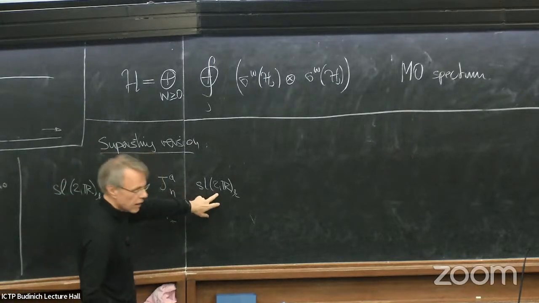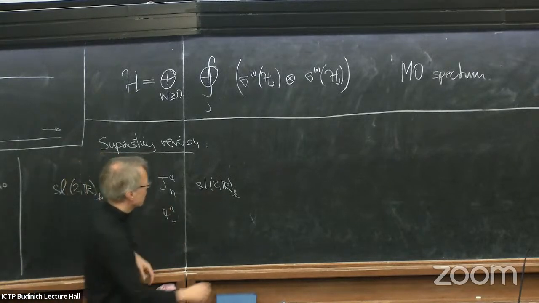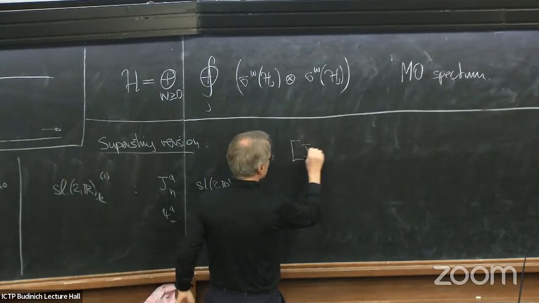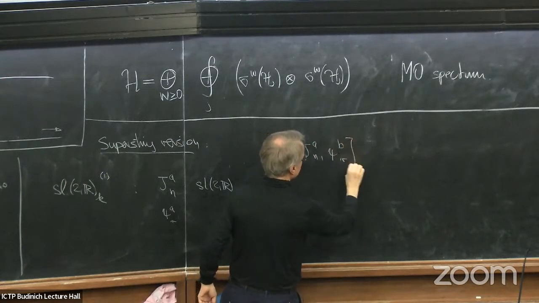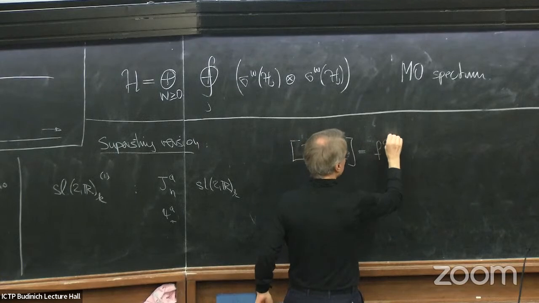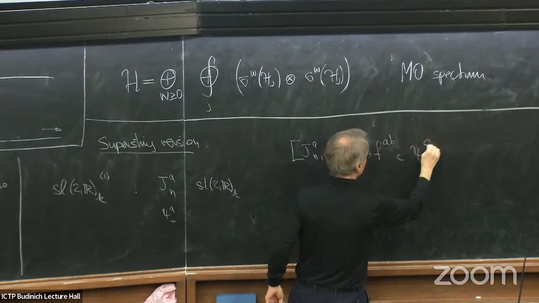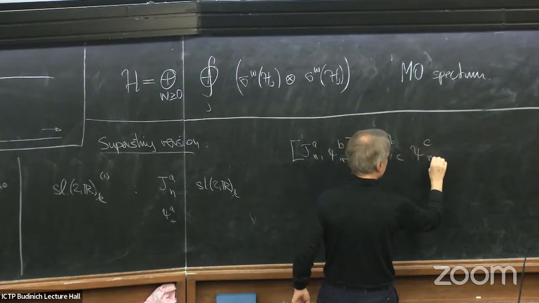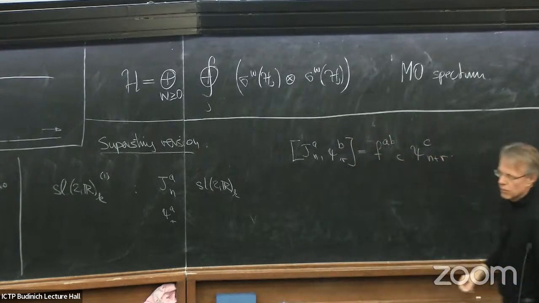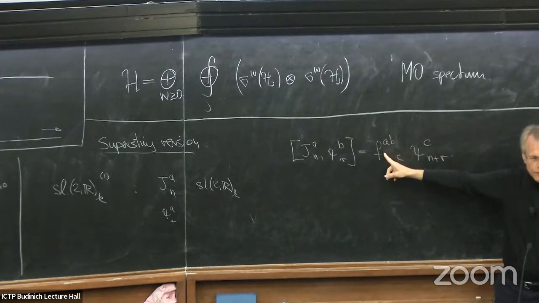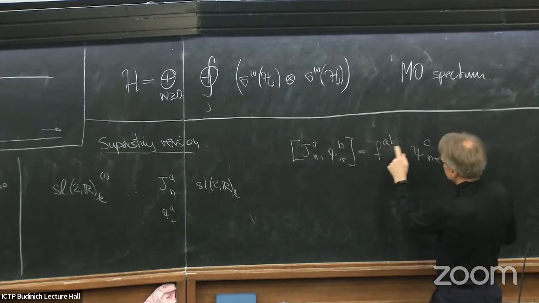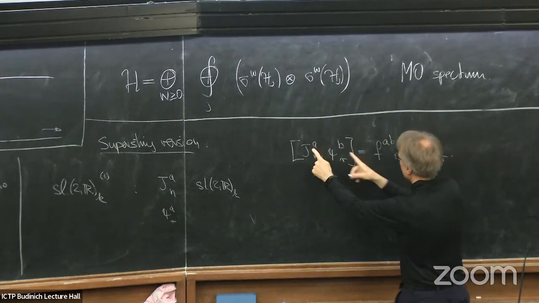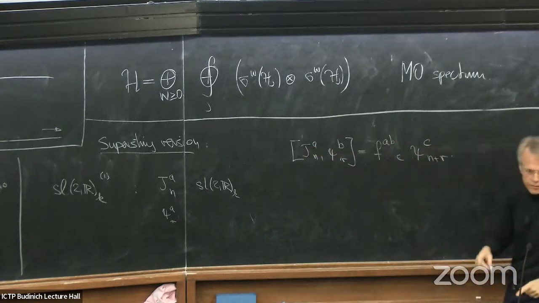So the J's with themselves give you an SL(2,R), and the J's with the psi's just sit in the adjoint representation, so they just transform as something that sits in the adjoint representation. These are the structure constants of SL(2,R). So 3 with plus gives you plus, 3 with minus gives you minus, and so on.